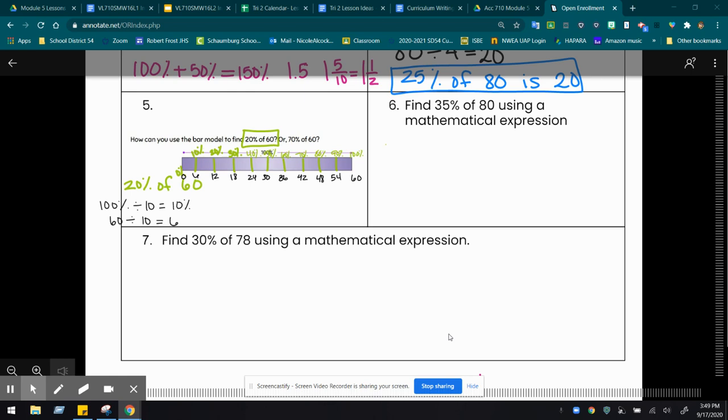Let's go back to the original question. What is 20% of 60? Here's 10%. Here's 20%.